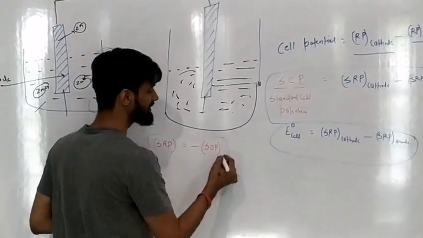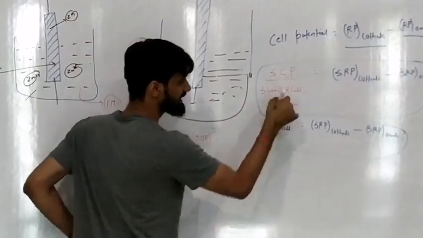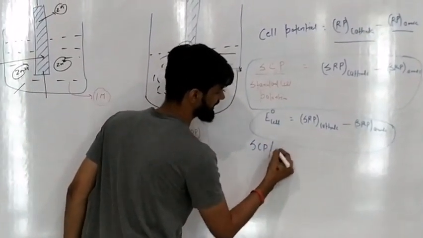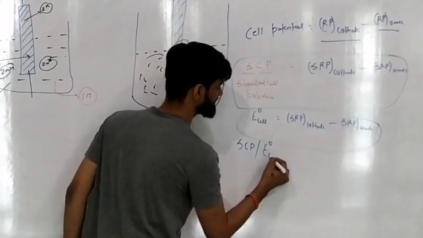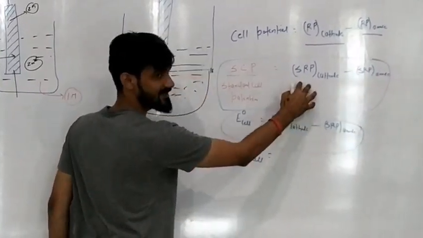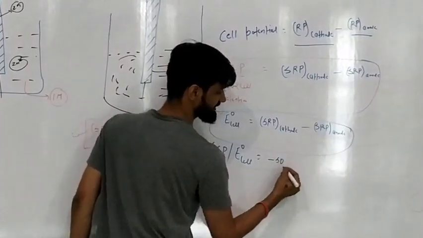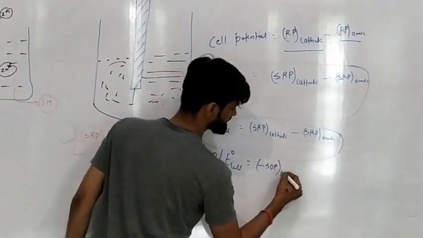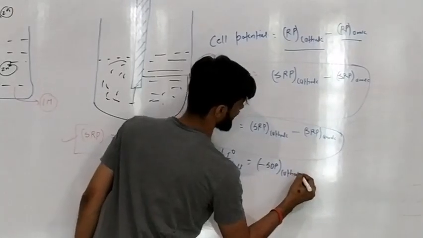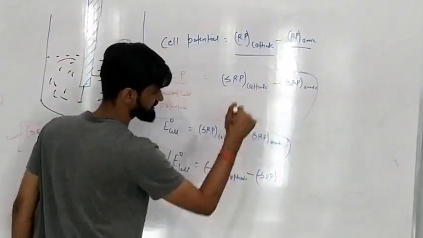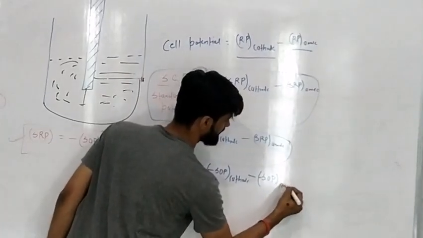If you put this into the formula, then the standard cell potential, E naught of cell, is equal to the standard reduction potential of cathode, which we can write as minus the standard oxidation potential of cathode, minus the minus of the standard oxidation potential of anode.